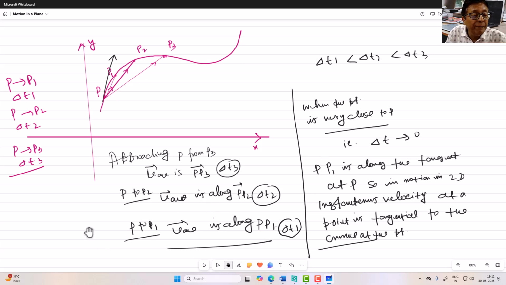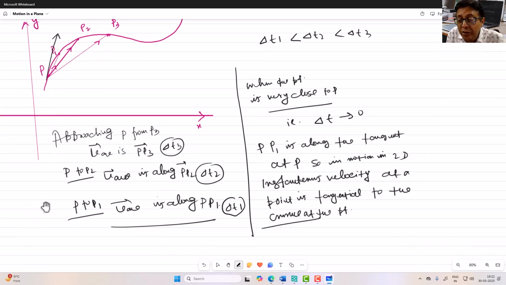The best example you will find in circular motion. Particle moving in a circle. At an arbitrary instant, say here, what is the direction of velocity? This will be tangential. Not along the curve, it is always tangential. At this point, it will be tangential.